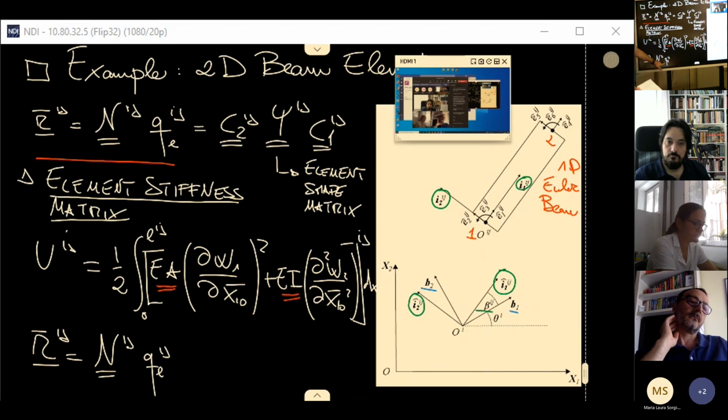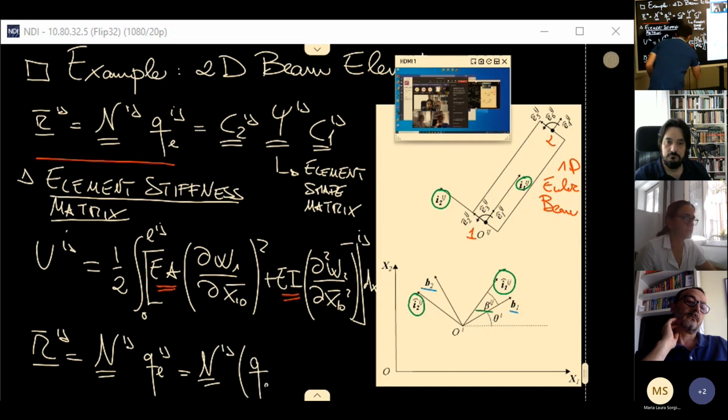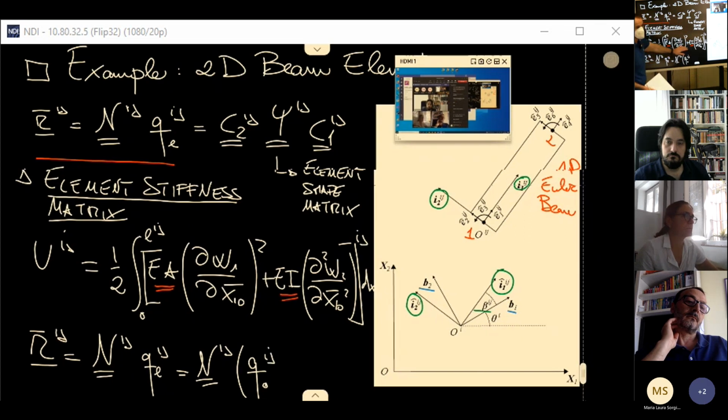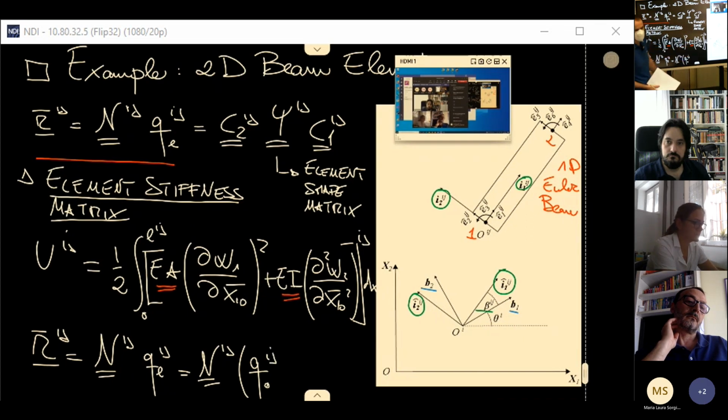But then Qeij, which is the vector of nodal coordinates, can be again expanded as the sum of two terms, Q0ij, which is the value of the nodal coordinates before the start of the deformation process, and Qf0ij, which is, again, the value of the vector of nodal coordinates induced by the deformation.